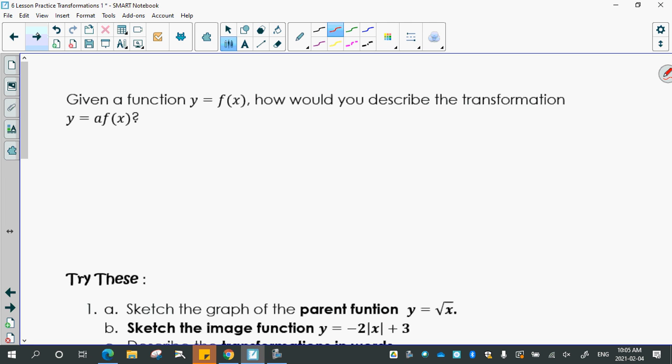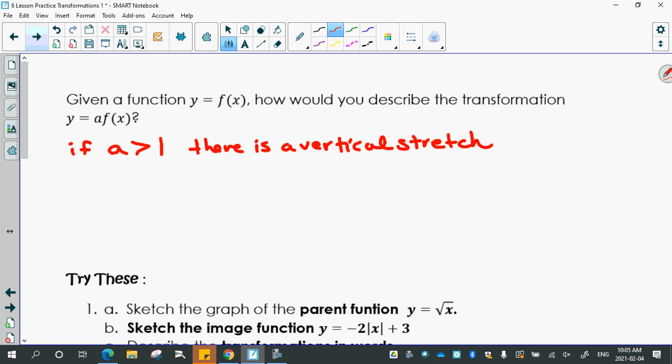Okay, so if a is greater than 1, we just learned that notation, there's a vertical stretch. Now look what I'm writing here. You guys tell me what that means.